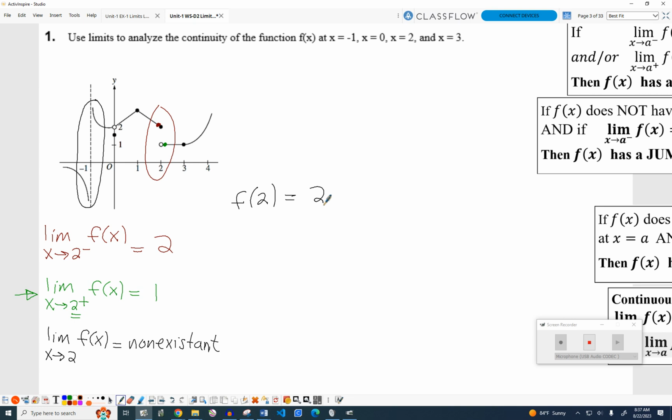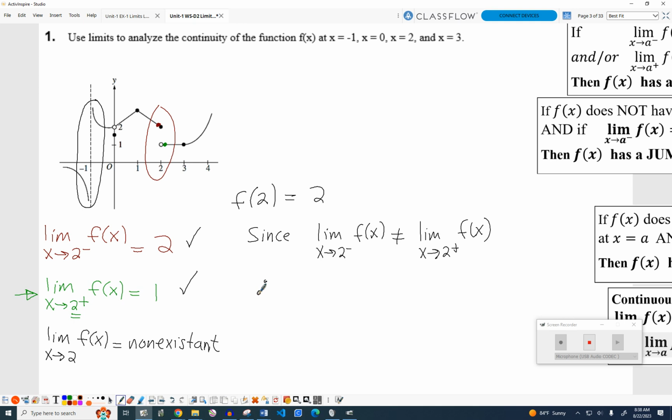So I do all that, Caleb. Then I would write, since the key thing here is these 2 not equaling each other, I would write the limit as x approaches 2 from the left is not equal to the limit as x approaches 2 from the right of f.